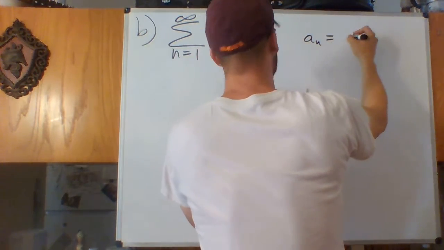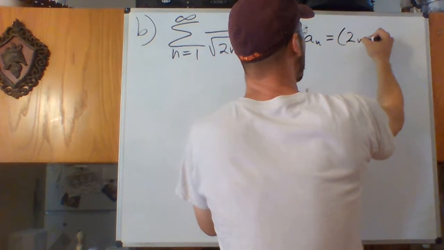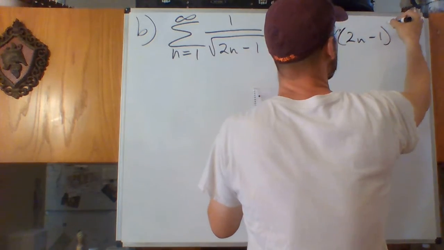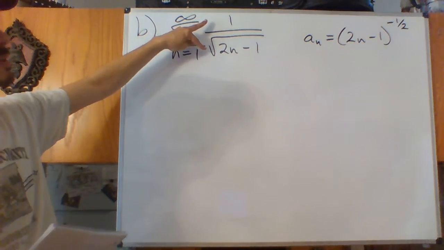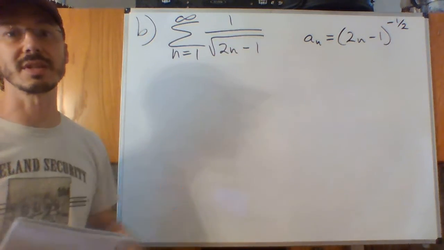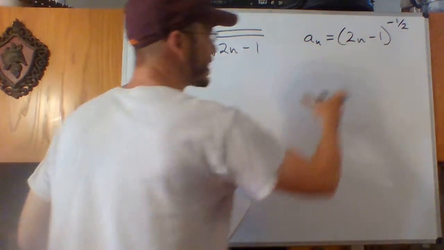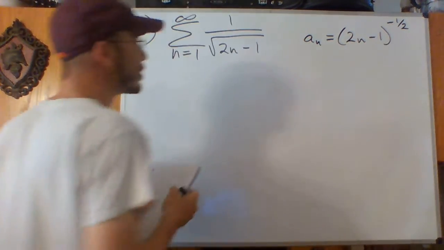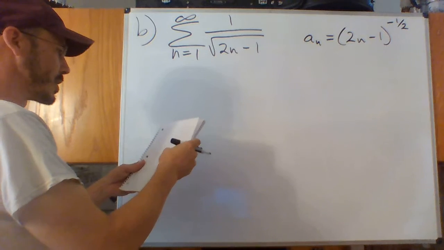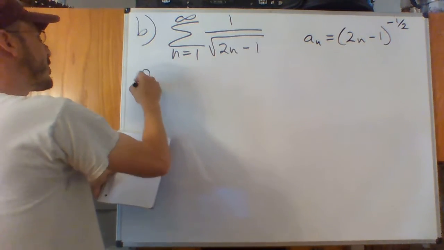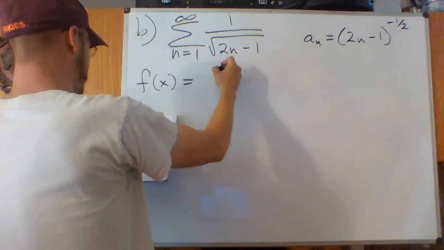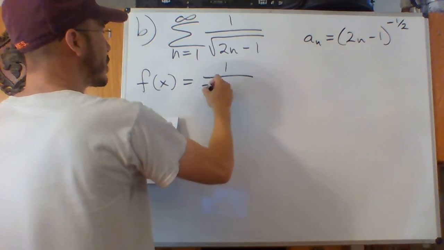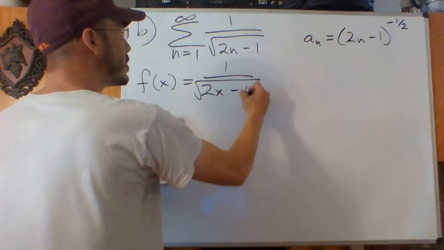The a_n here, I'm going to write them like this, 2n minus 1 to the negative 1/2. Negative, because it's in the denominator, but 1/2 power is the square root. It doesn't matter too much how you write it at this point. But my function, f of x equals 1 over square root of 2x minus 1.